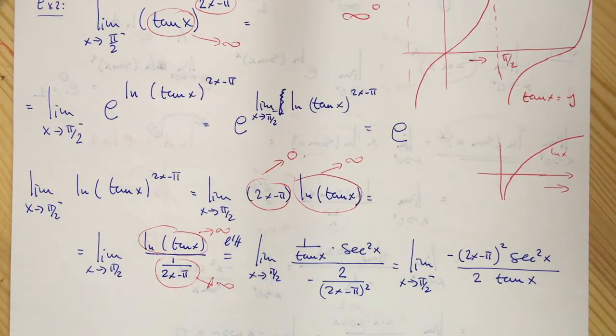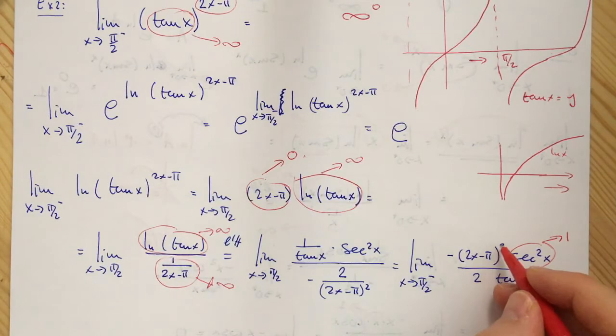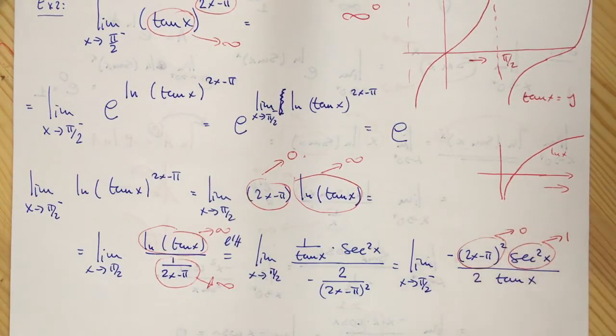Okay, so what do we have? The numerator is approaching, so secant of pi over 2 is 1. This one goes to 1. This one here goes to 0. So the numerator goes to 0. So the numerator is getting smaller and smaller, and the denominator is getting bigger and bigger. So the ratio obviously is going to go to 0.